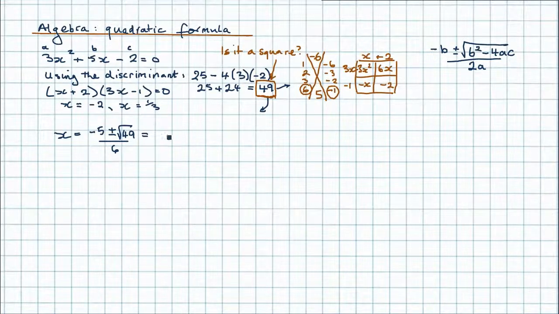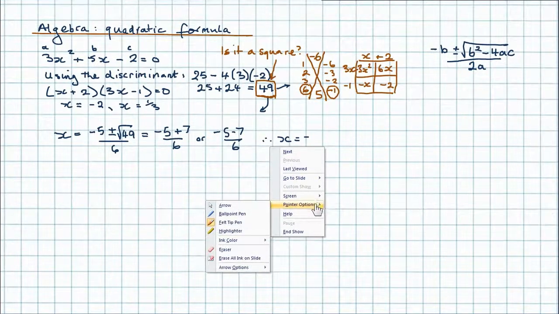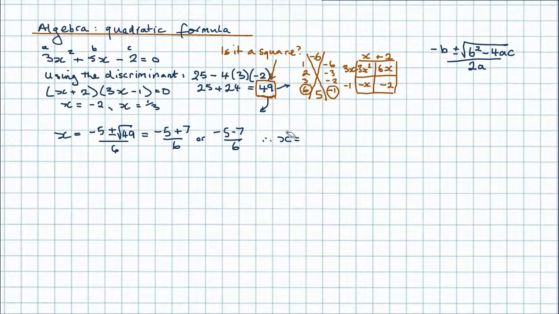So we've got minus 5 plus, let's just use the plus here, plus 7 all over 6, or, so we've got two solutions, minus 5 minus 7 all over 6. Therefore, x equals minus 5 plus 7, in other words plus 2, so just 2 over 6.